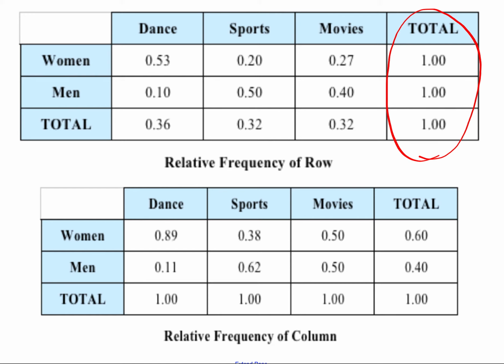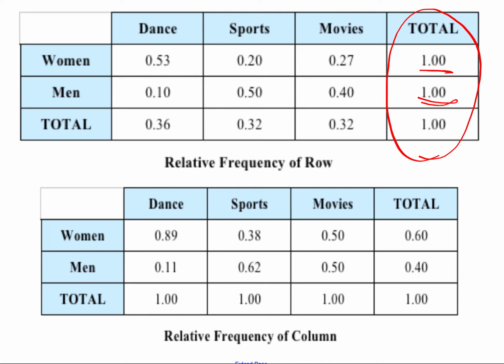So after dividing everything out, when I divided this whole row by 30, I get 0.53, that got rounded, 0.20 and 0.27. In the second row, I divided everything by 20, giving this as 100%. We got 10% of men that like dance.